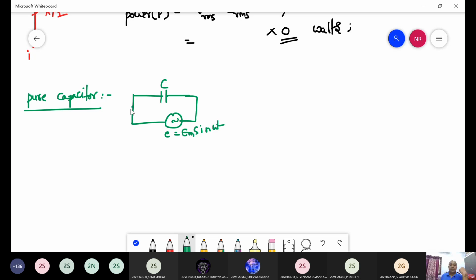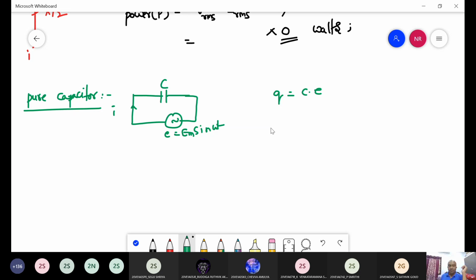Here the current will flow through the capacitor, then the capacitor will get charged, right? Charge Q is equal to C into E, right? C is the capacitance value of the capacitor, E is the voltage.